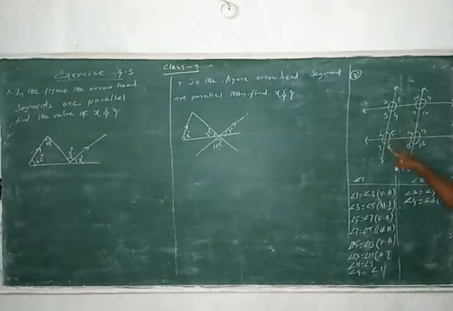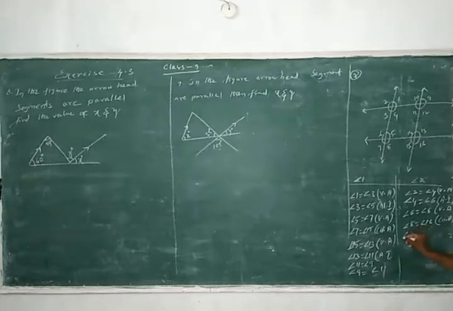Next, angle 6 is equal to angle 8, vertically opposite angles. Next, angle 8 is equal to angle 16, these are corresponding angles.